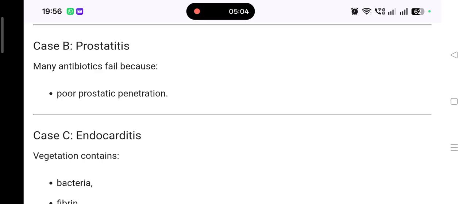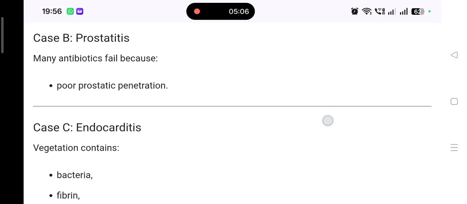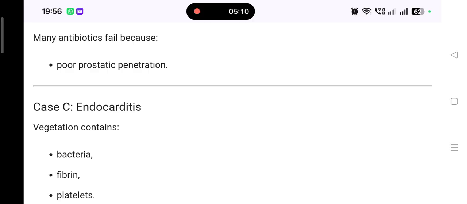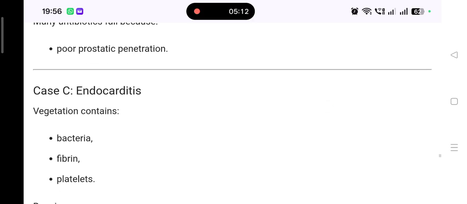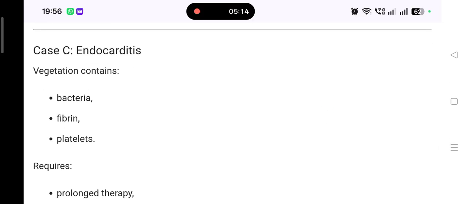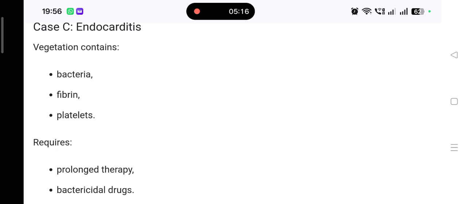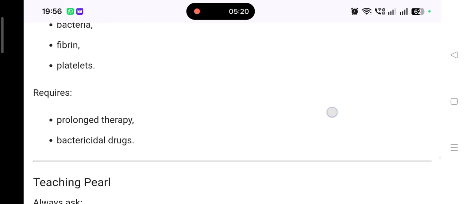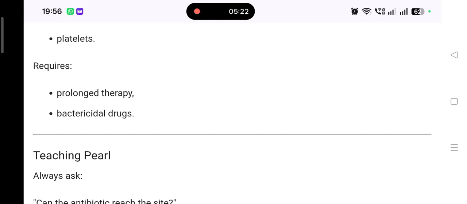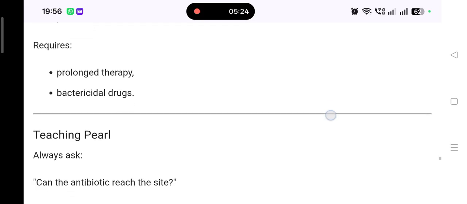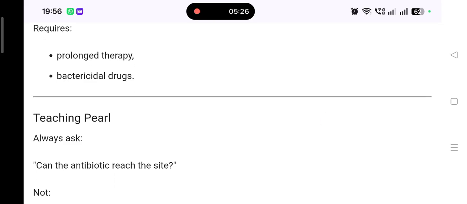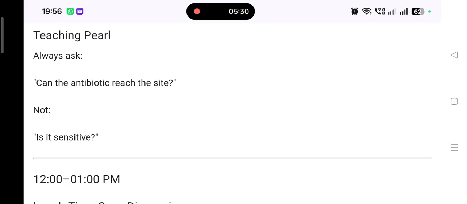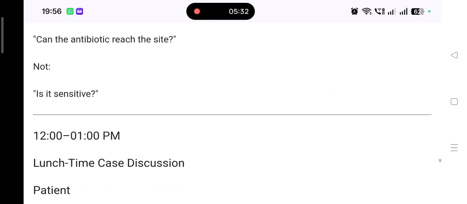In case B, prostatitis, many antibiotics fail because of poor prostatic penetration. In case of endocarditis, vegetation contains bacteria, fibrin, platelets, so they require prolonged therapy and bactericidal drugs. The teaching pearl is to always ask, can the antibiotic reach the site?